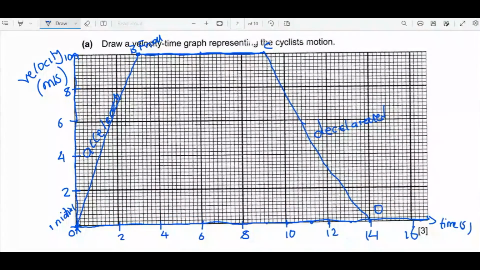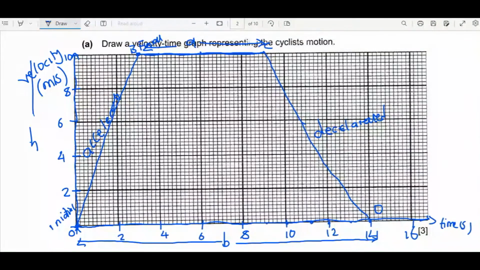The value of b is this line from 0 up to 14. So this is our b. Then our a is this number on top, from here up to here. So this is our a. Then our h is from 0 up to the highest velocity achieved.